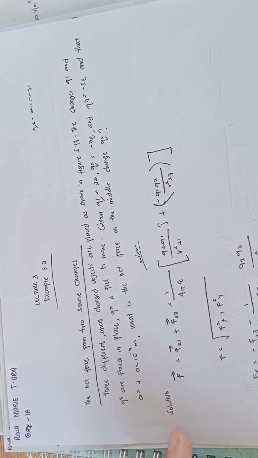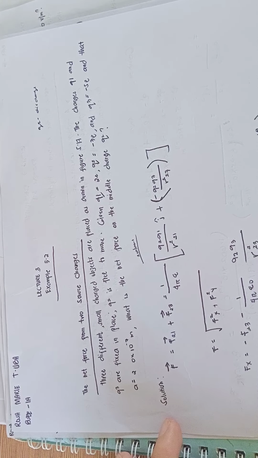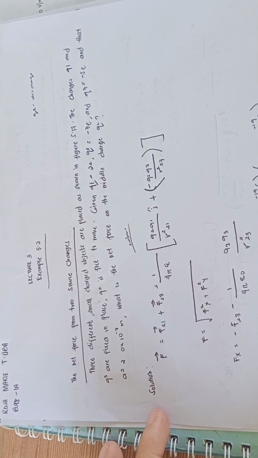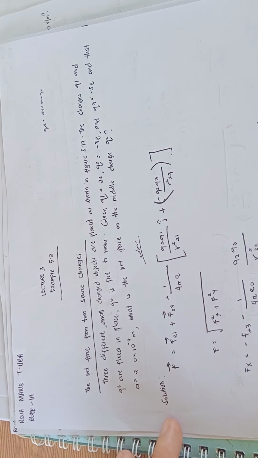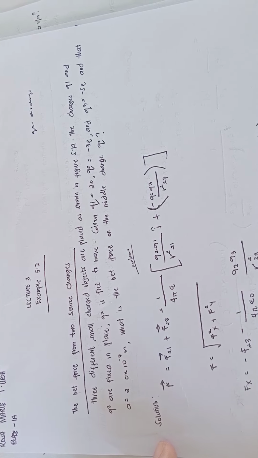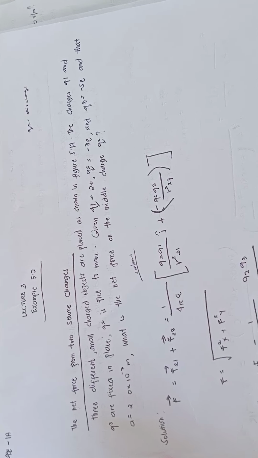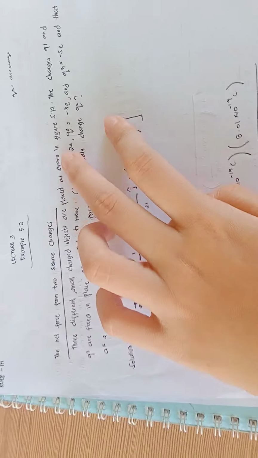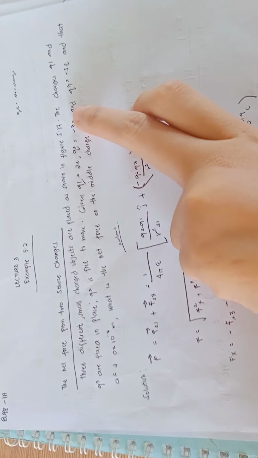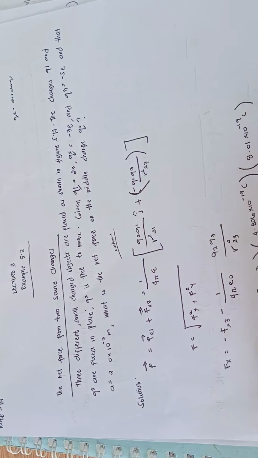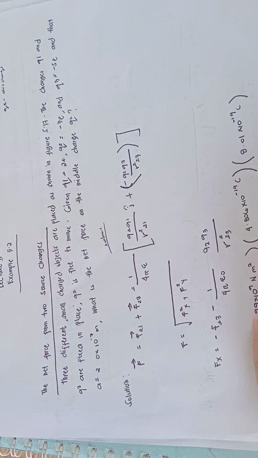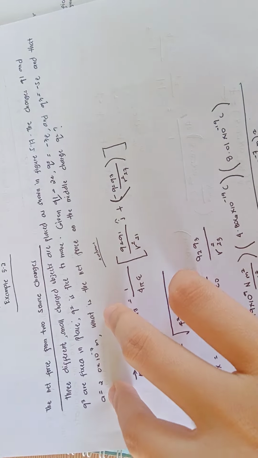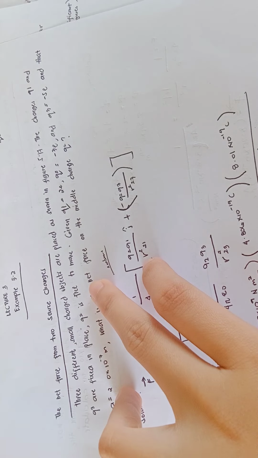So this is the continuation of lecture 3, example 5.2. Three different small charged objects are placed as shown in figure 5.17, which we can see here. The charges Q1 and Q3 are fixed in place, while Q2 is free to move.